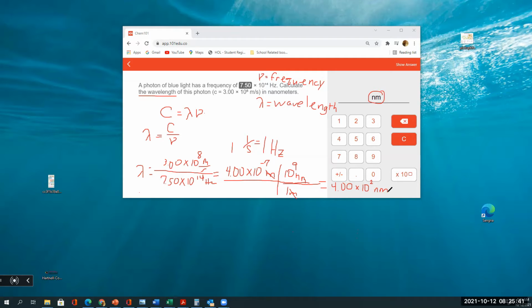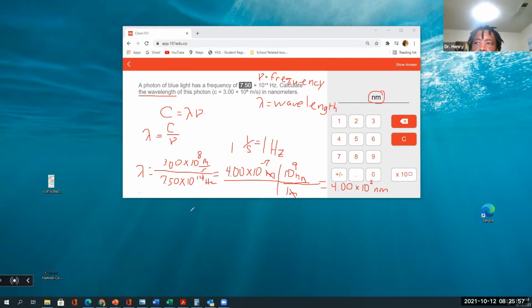I was looking at the chemical packet right now, and I don't see the conversion for nanometers. Yeah, I don't have those on there. I want you guys to remember those because you're going to run into those quite a bit. Nanometers, micrometers.